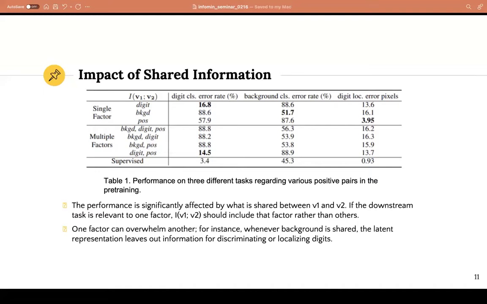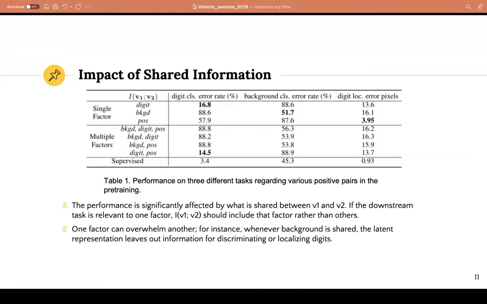The second one is to recognize the background from 10 classes, and the third is digital location, like you can use FAST or RNN, RCNN, some this kind of network to do this task. So there are 3 different tasks, and also you change different factors. You change single, or you share single, or you share multiple.